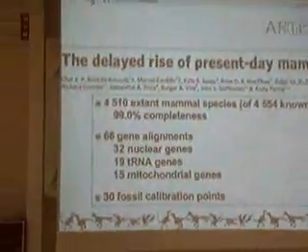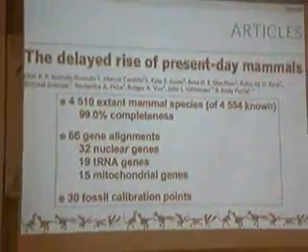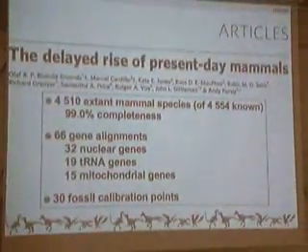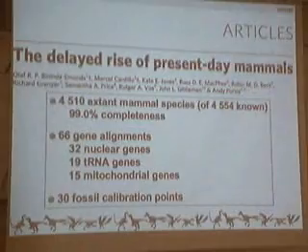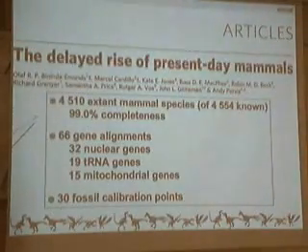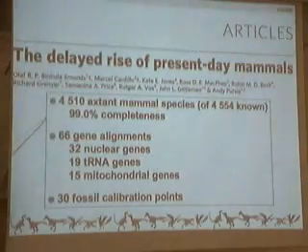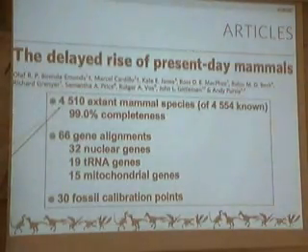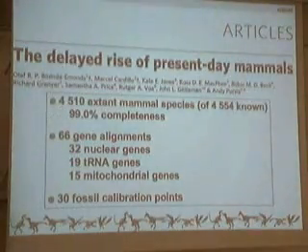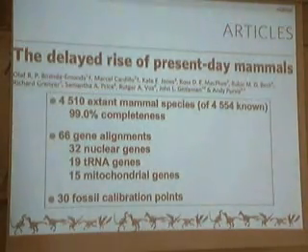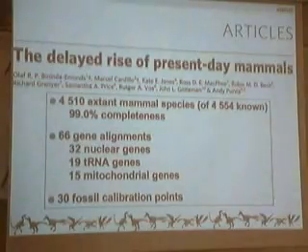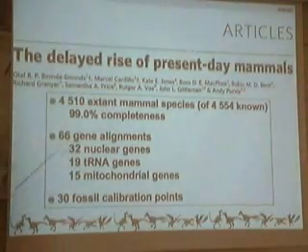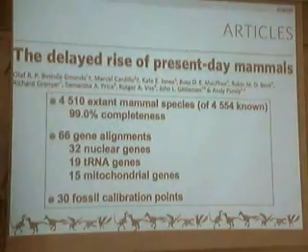And so the group that has done the major experiments that I talk about is this paper that you read, and what it does is it puts together molecular data from 4,510 now living mammalian species.